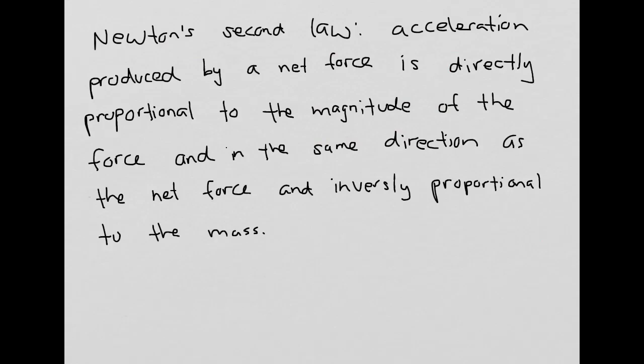What this means is this first part about directly proportional to the magnitude is saying that as I increase the magnitude of the force, the acceleration of the object will increase. The part with the direction is that, if I kick a ball to the left, it's not now going to accelerate to the right. It's going to move in the same direction as the force. And then it's inversely proportional to the mass, meaning that as mass increases, acceleration decreases, and vice versa.